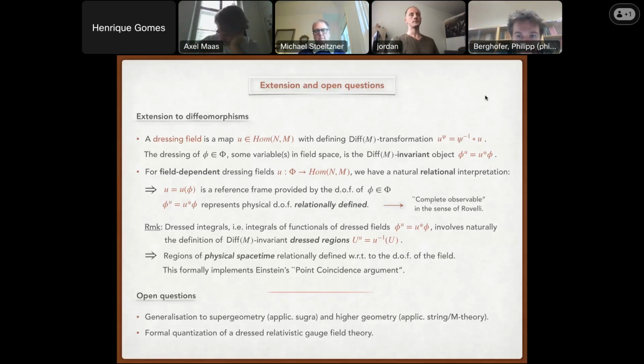And the second comment that I had was about one concept that I always found missing from the Rovelli complete observables, and I think perhaps it is missing here too, at least for the cases where the dressings have to be, well, let me put it this way. Suppose you have a field space that has two kinds of fields.